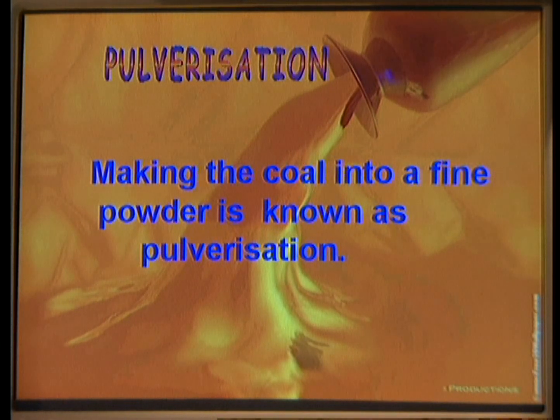Just you can see here, if you take the chalk piece and assume this is one coal particle, and if this coal particle is crushed into small powder particles, it is converted to powder, just like pulverized powder.